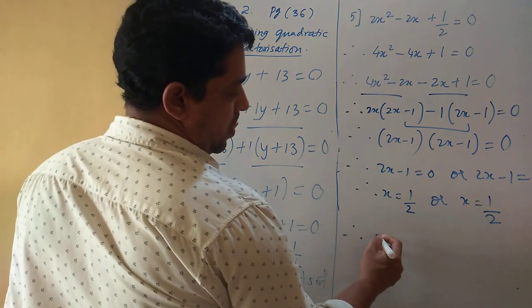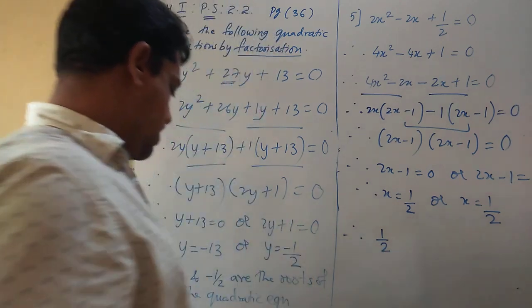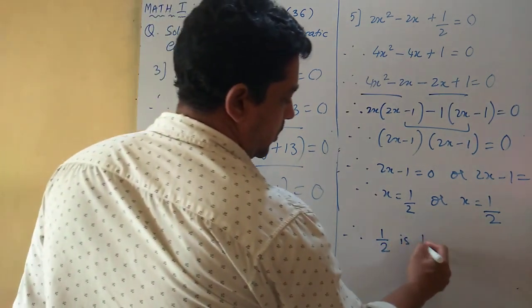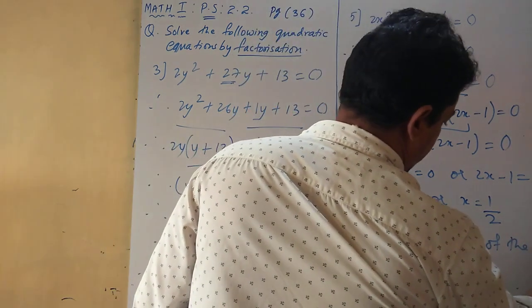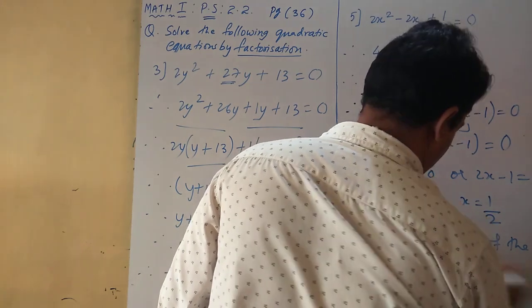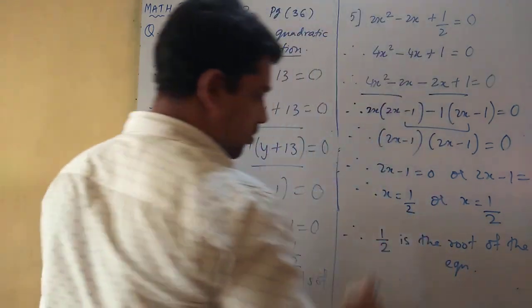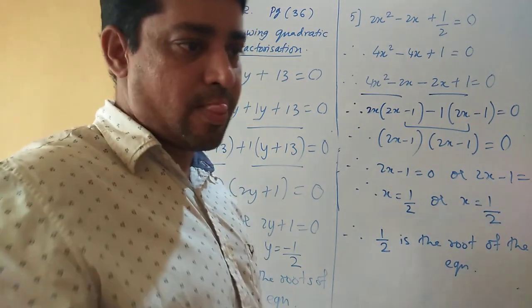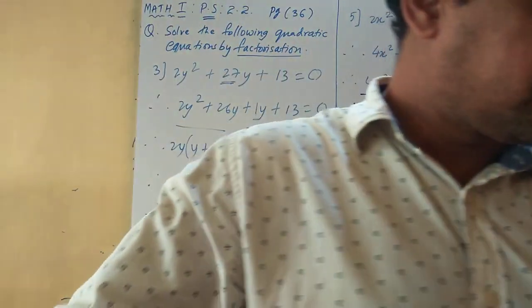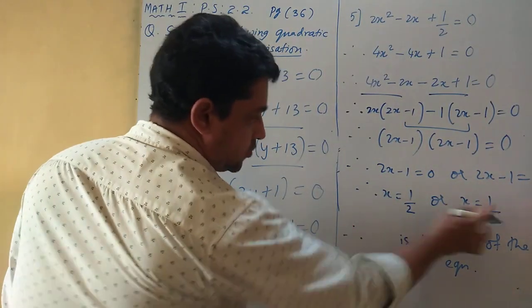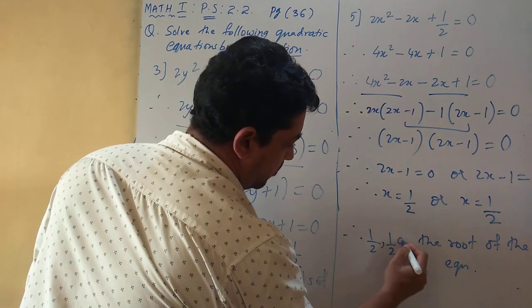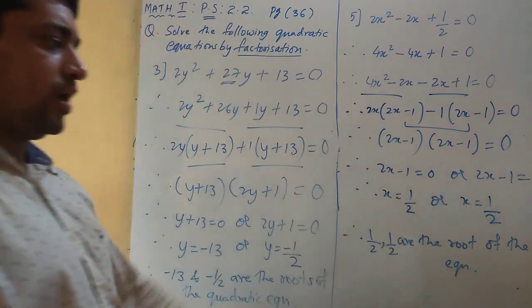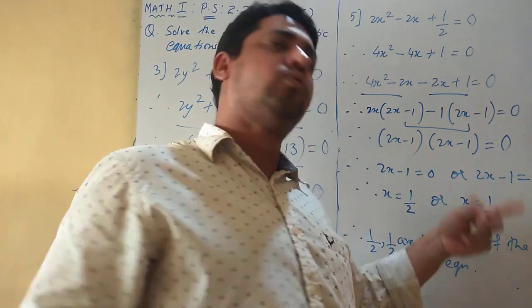Therefore, 1 upon 2 is the root of the quadratic equation. You can also write half and half. Yes, you can also write like these two solutions. Half, comma half are the roots. You write both the roots. Both the roots are same.